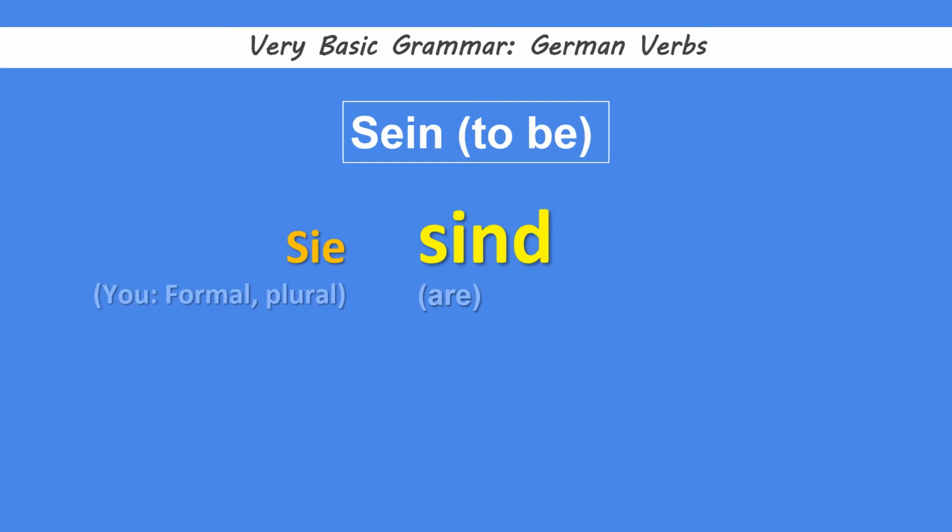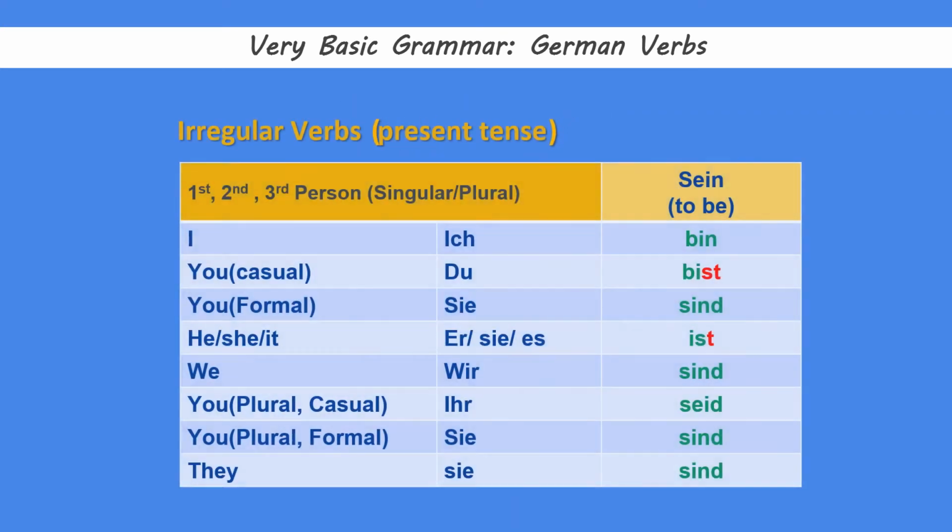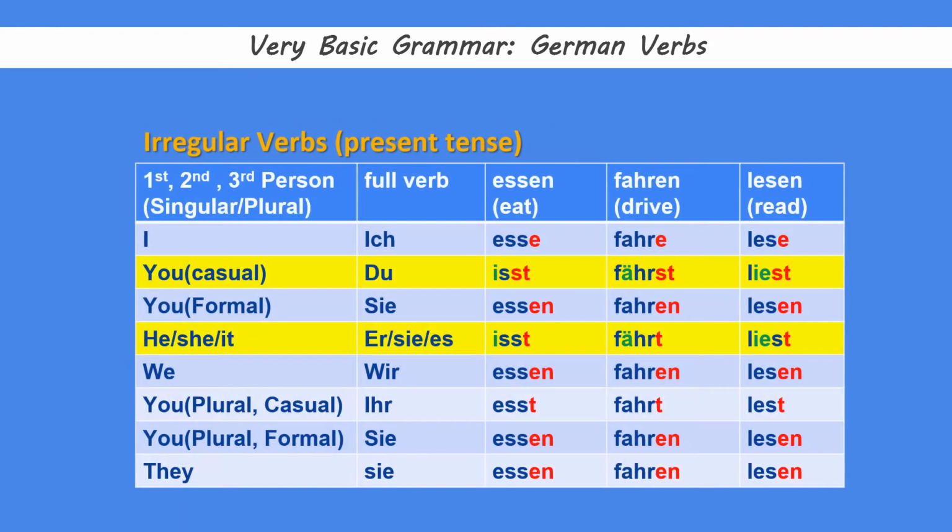Sie sind. Other irregular verbs mainly change the main part in the second person and the third person singular forms.